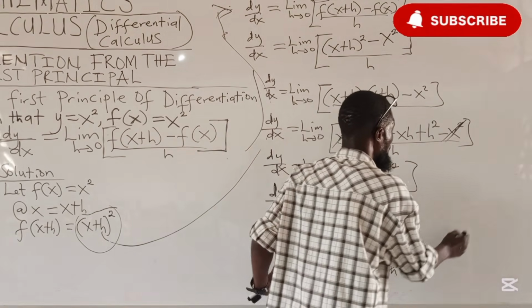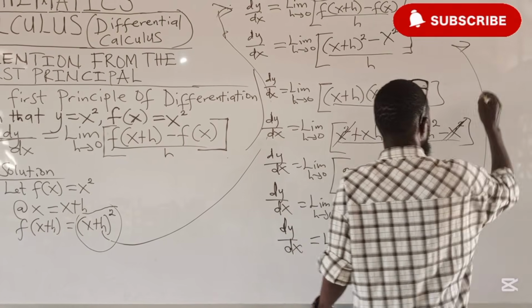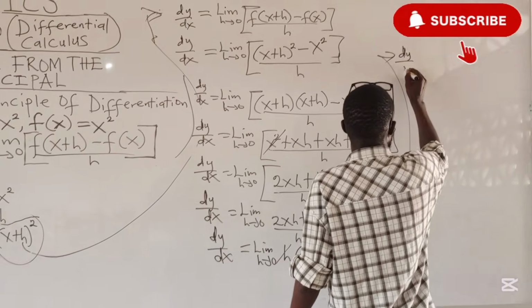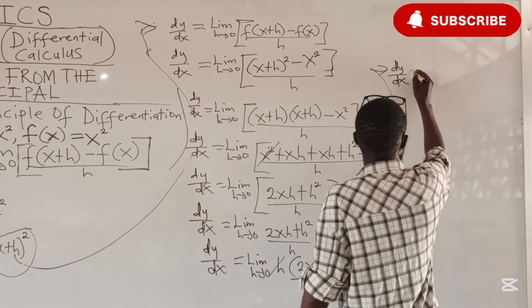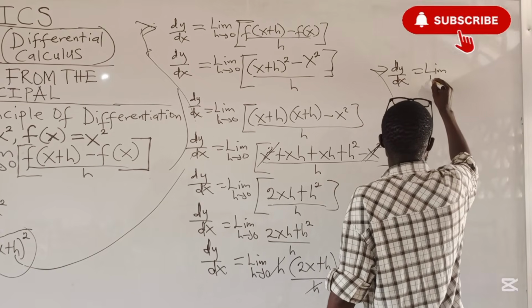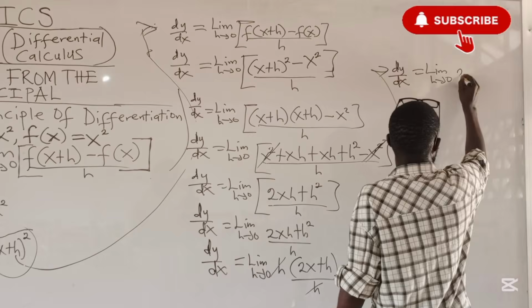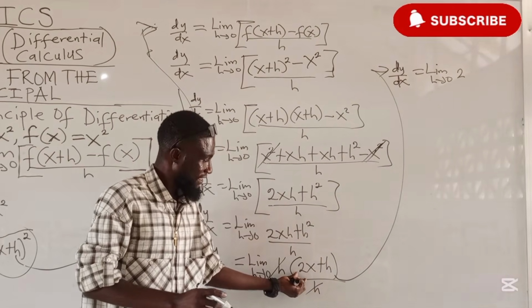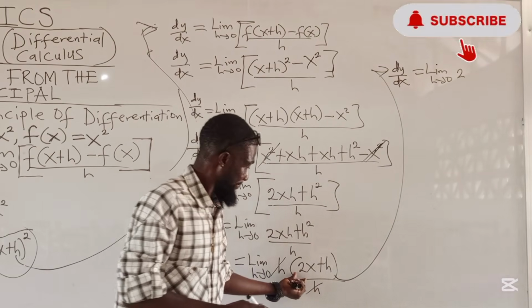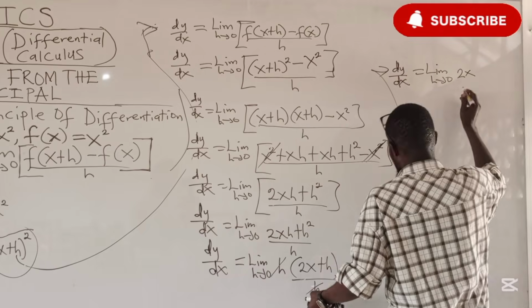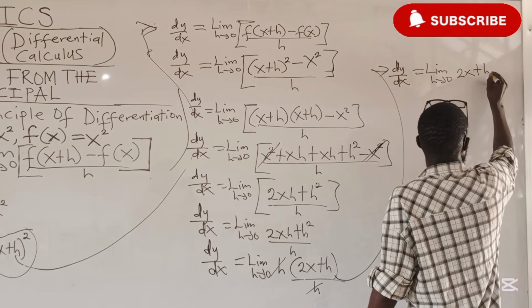So in our march, we bring our formula. We say dy over dx will just be equal to the limit as h approaches 0. What we have? Taking this value from here, we say 2x plus h.